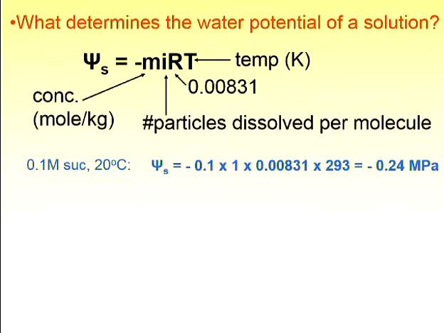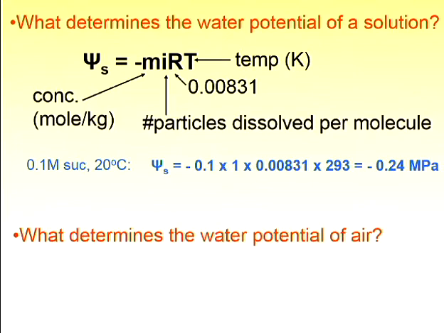Okay? Does it make sense? So what this shows is that the higher the molarity, the more negative the solute potential, which is what you already knew, but now you see it in a formula. You also see that the temperature can have an effect on it.